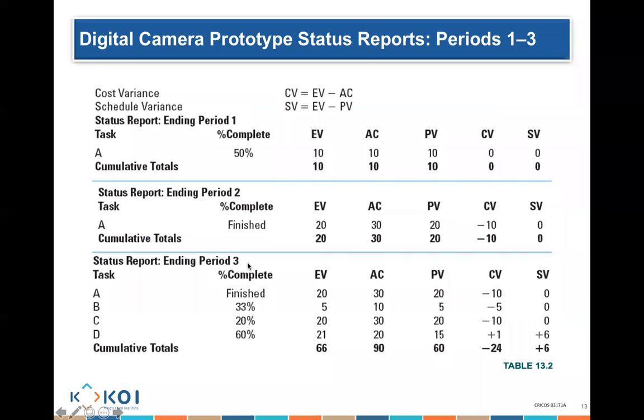I'm going to report on period 3. If I say I have finished all of A, how much have I earned of A? 20. And how much was I planned to earn of A? 20. Okay. If I said I finished 33% of B, how much have I earned?